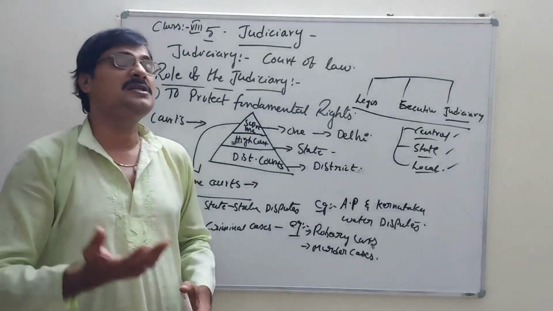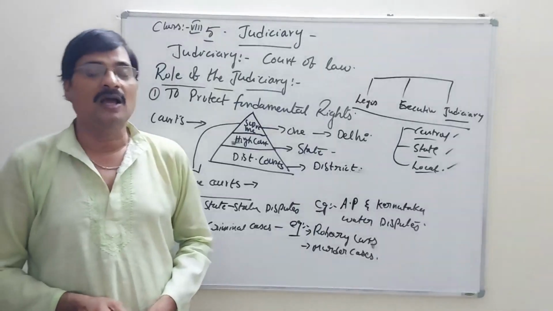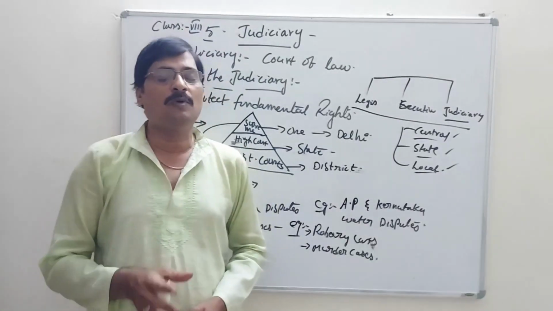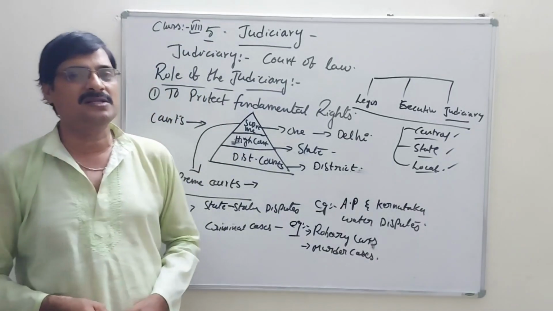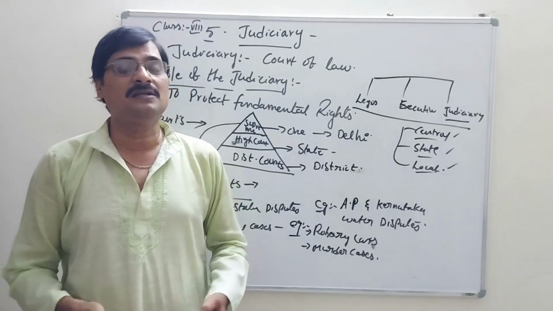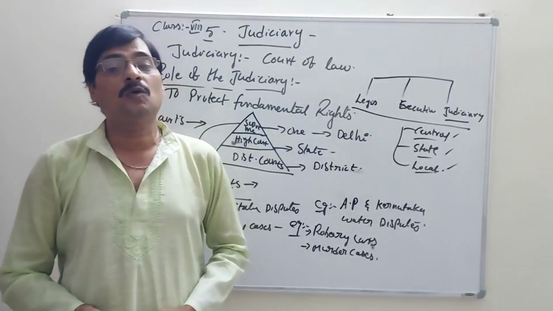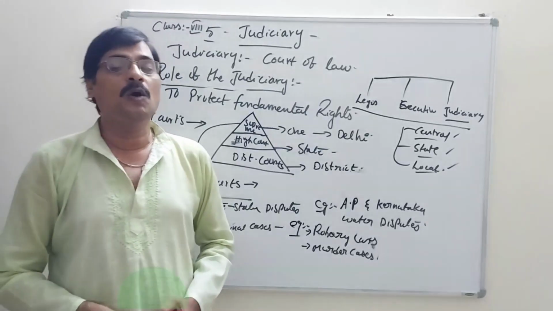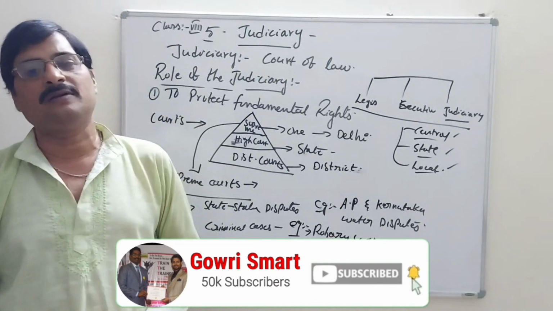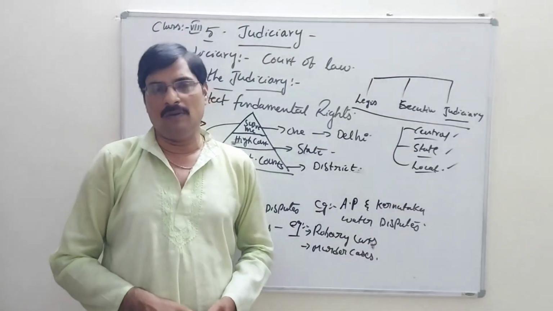Like in Goa, the population is very small, so the government should not arrange a high court there. That's why Goa people go to nearby places in Karnataka to solve their problems.